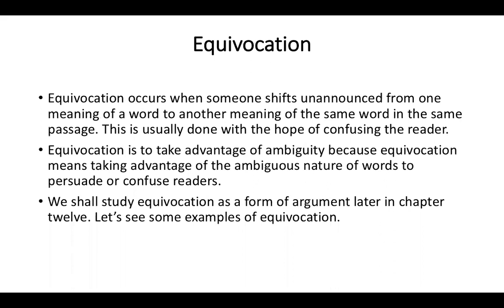Now let's look at equivocation. Equivocation occurs when someone shifts unannounced from one meaning of a word to another meaning of the same word in the same passage. This is usually done with the hope of confusing the reader.